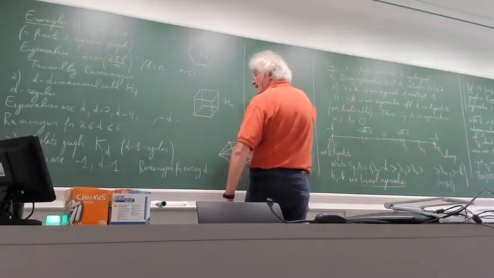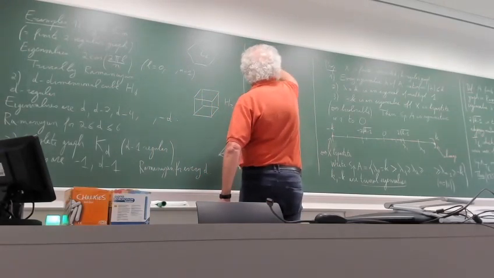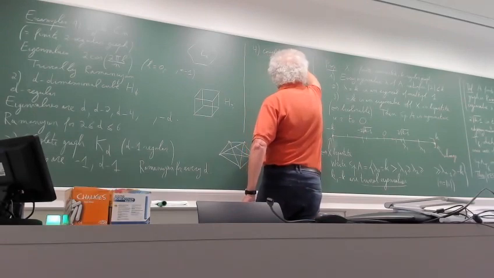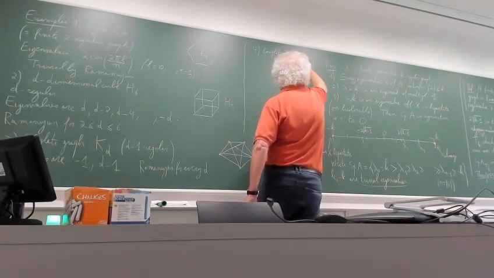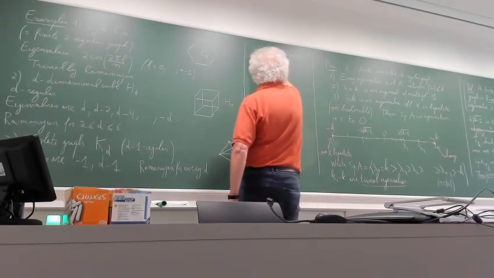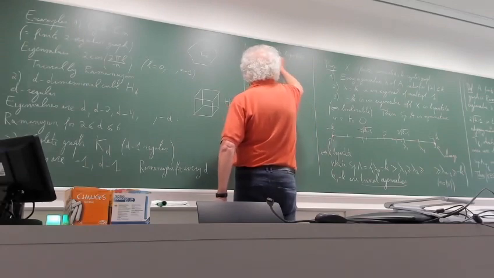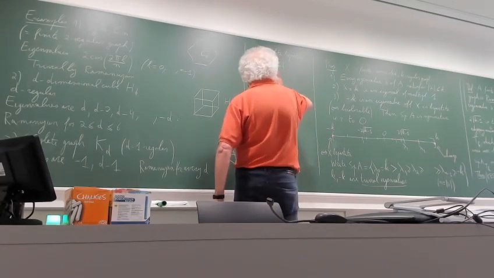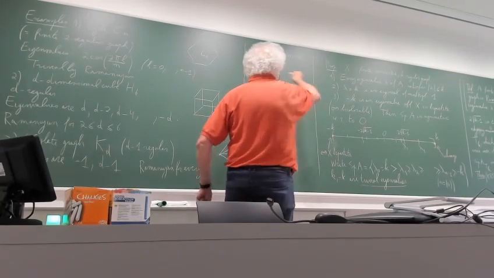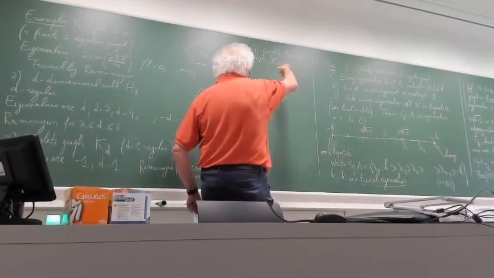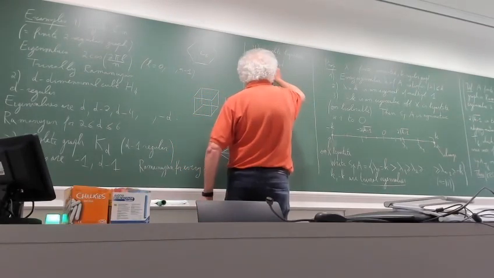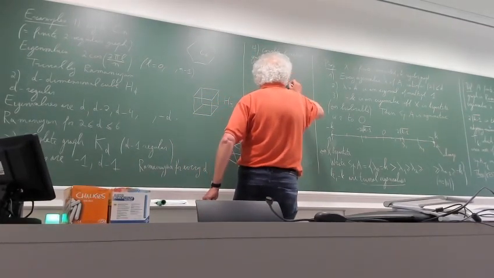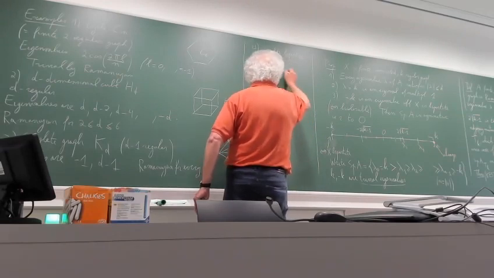And let me give a final example. The complete bipartite graph K_{d,d}. So this means that you take 2d vertices, divided in 2. So let me draw for you K_{3,3}.